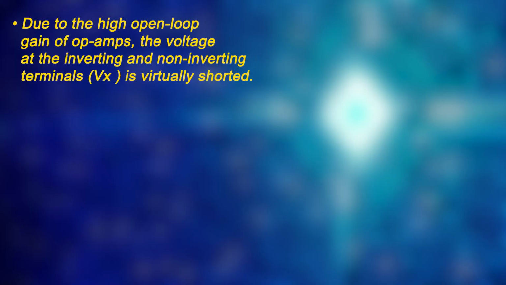The most important concept is the virtual short circuit concept. In this concept, due to the high open loop gain of the op amp, the voltages at the inverting and non-inverting terminals are virtually shorted.